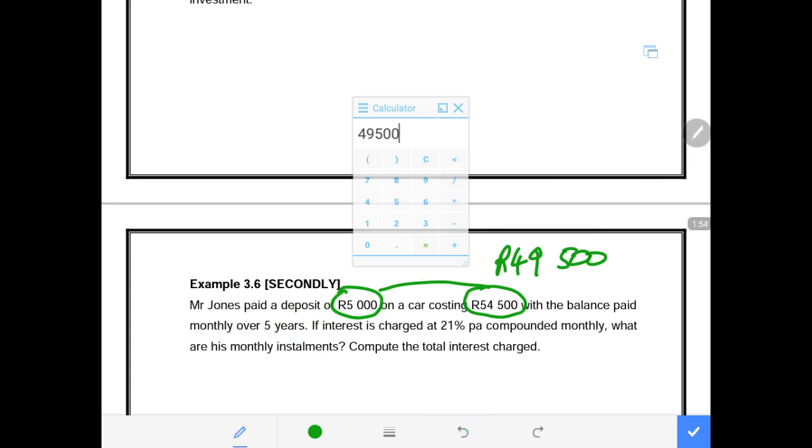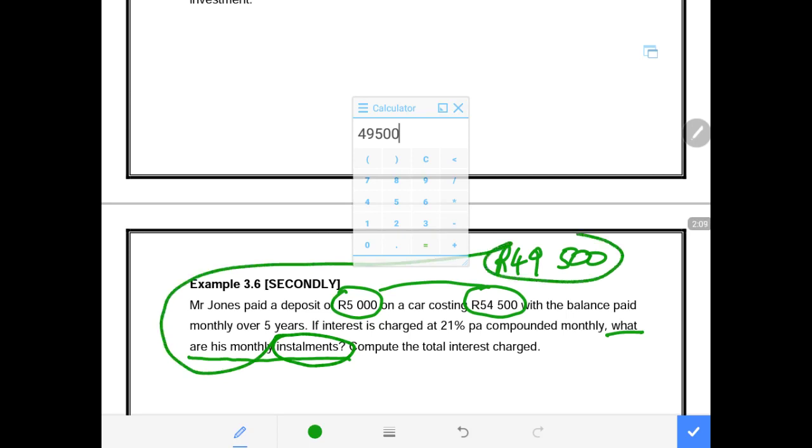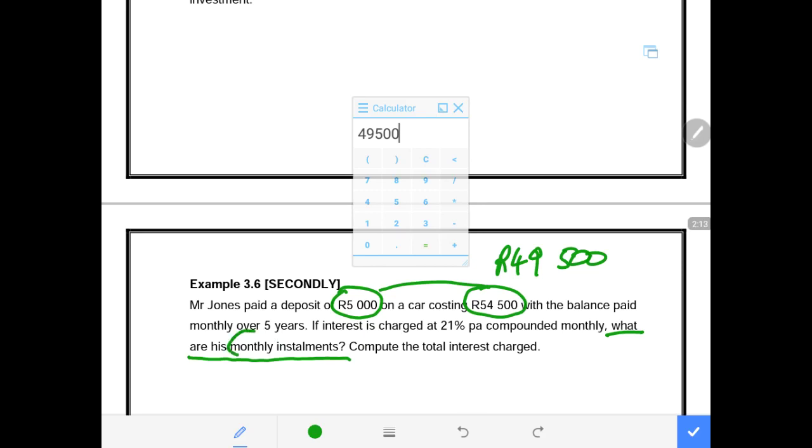Now, how is he going to pay this? If the interest is charged at 21% per annum compounded monthly, what are his monthly installments? Meaning he's going to make monthly installments paying the amount that he owes presently. That is what is owing presently. Then he's going to make monthly payments or installments. The interest rate is 21% compounded monthly.